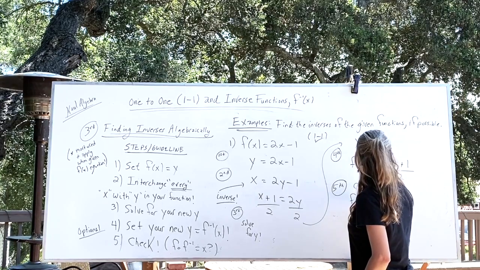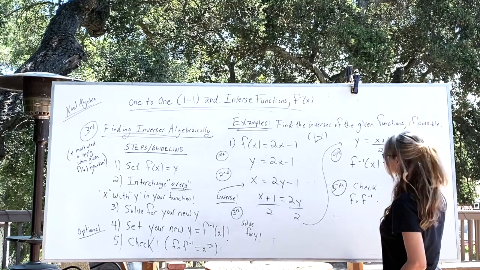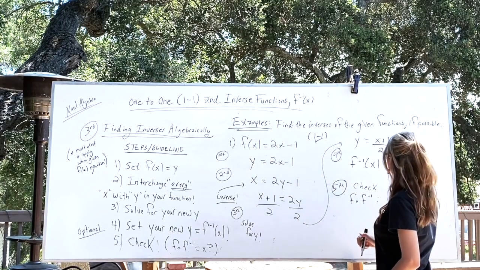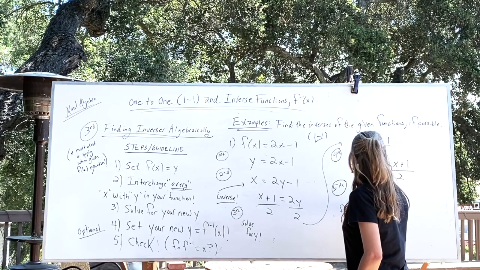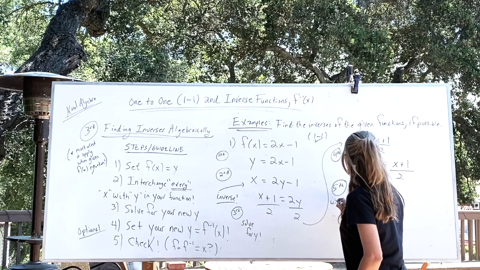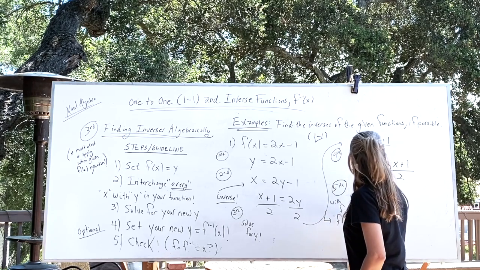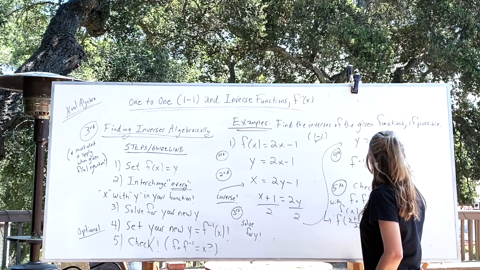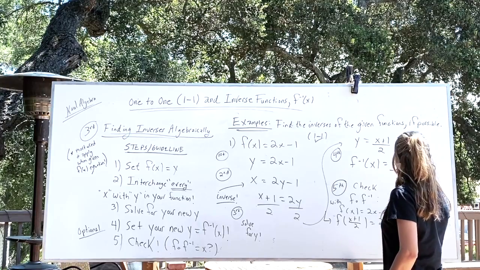Let's do f of f inverse. So if I put this function into my original function, I should get x. So let's say I have f of x equal to 2x minus 1, then f of f inverse will be f of (x plus 1) over 2, which will equal 2 times (x plus 1) over 2, minus 1.